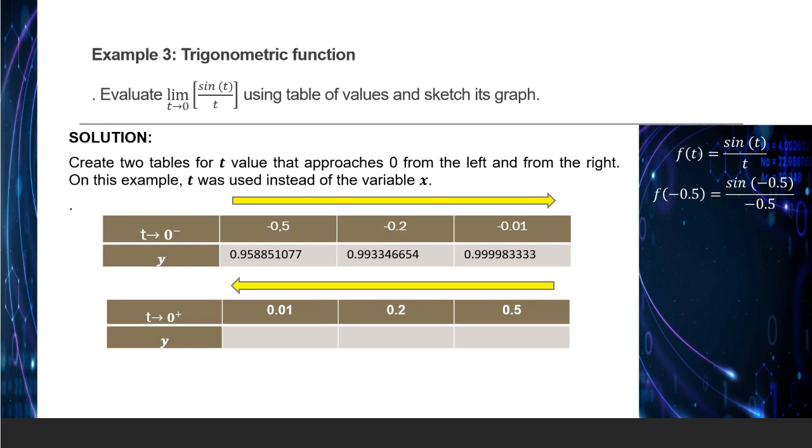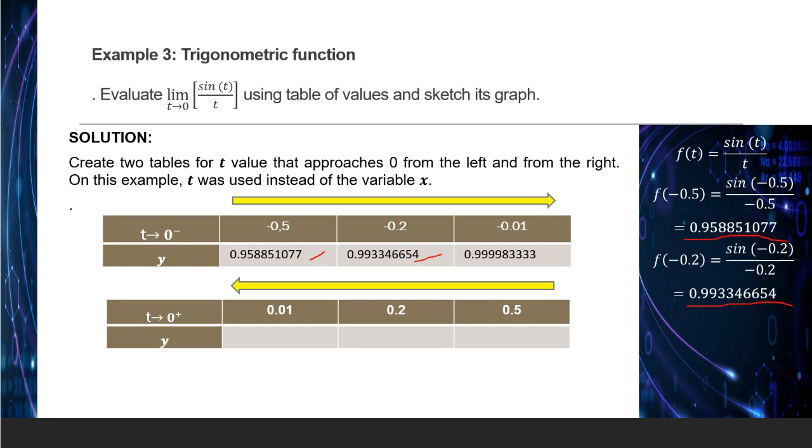Okay, by the use of your calculator, make sure that it is in radian mode. So this is equal to 0.958851077. Okay, next, f of negative 0.2 is equal to sine of negative 0.2 all over negative 0.2, that is equal to 0.993346654.